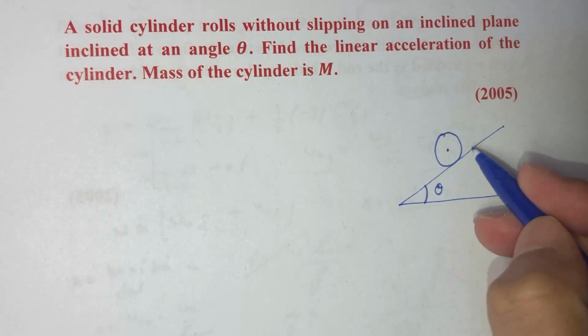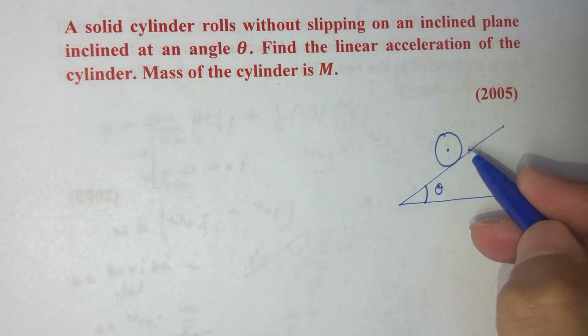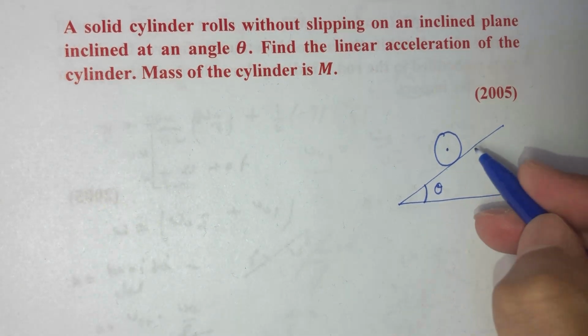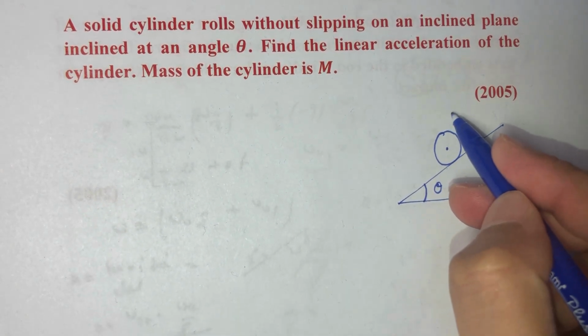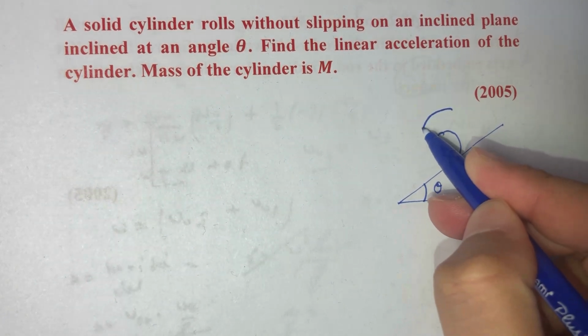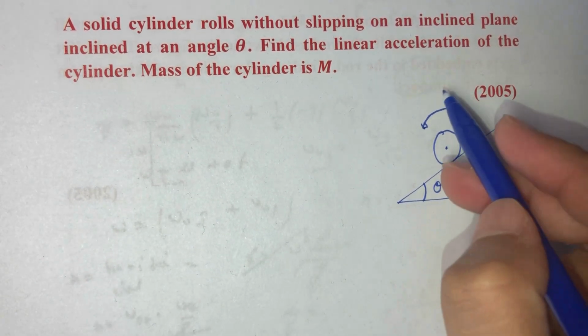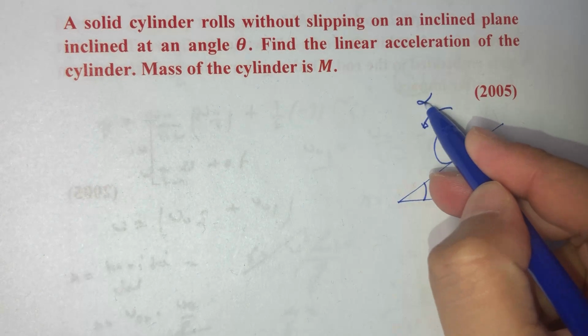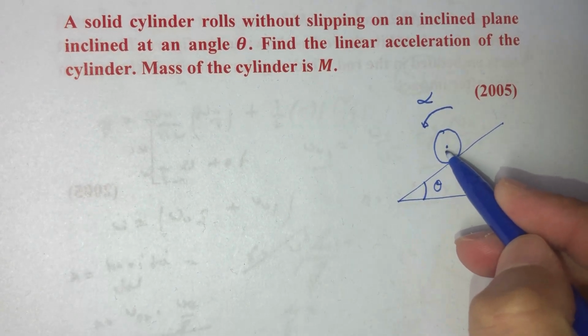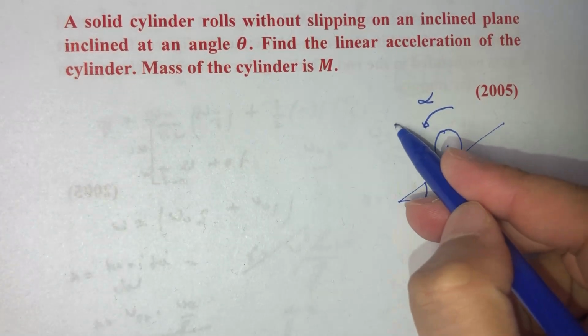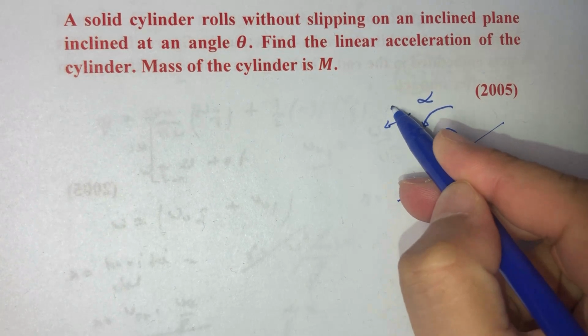Okay, so let us suppose it is rolling in this direction with the angular acceleration of alpha, and the linear acceleration of the center of mass is given as A.